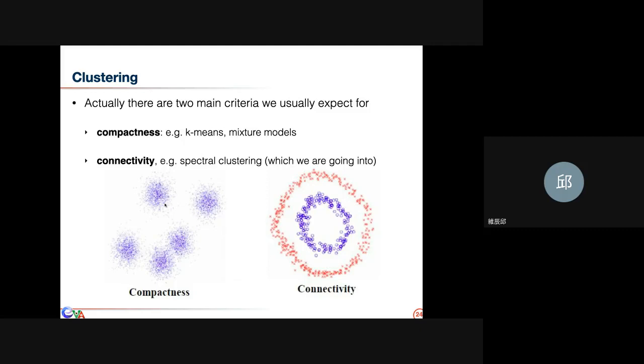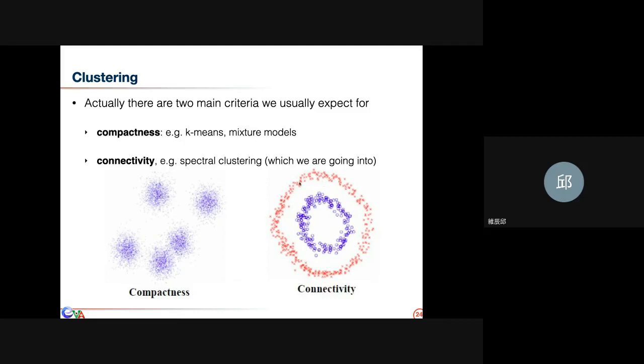Another important criterion that you can see in some clustering algorithms is connectivity, right? For instance, in the figure here, given such a data set, we human beings would naturally form a cluster for the outer circle and another cluster for the inner circle, right?